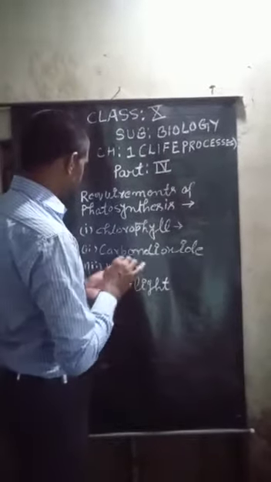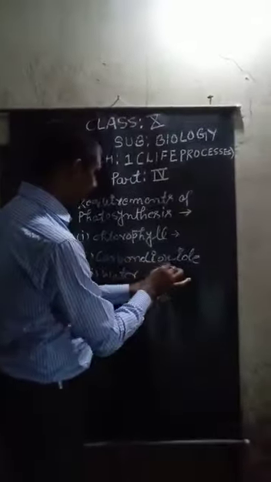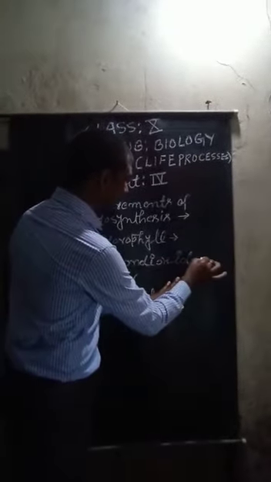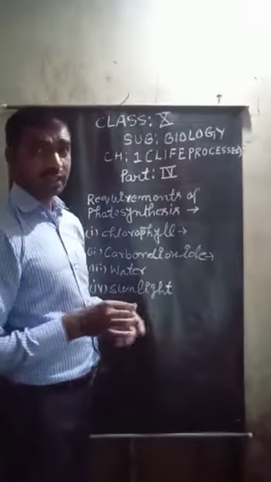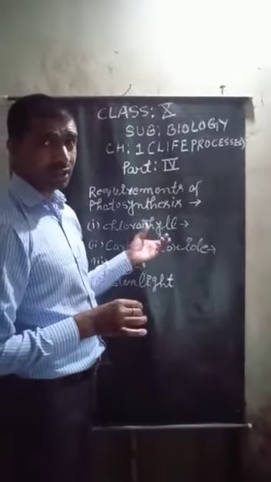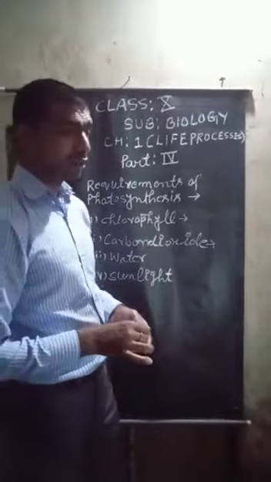After that, we are going to discuss carbon dioxide. Carbon dioxide is essential to complete the process of photosynthesis.